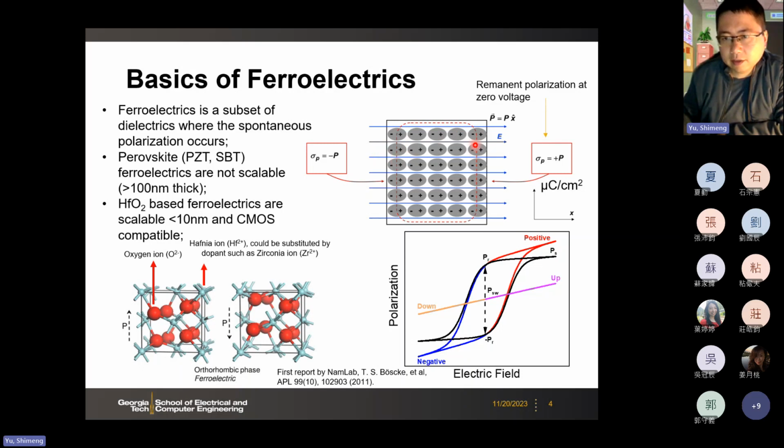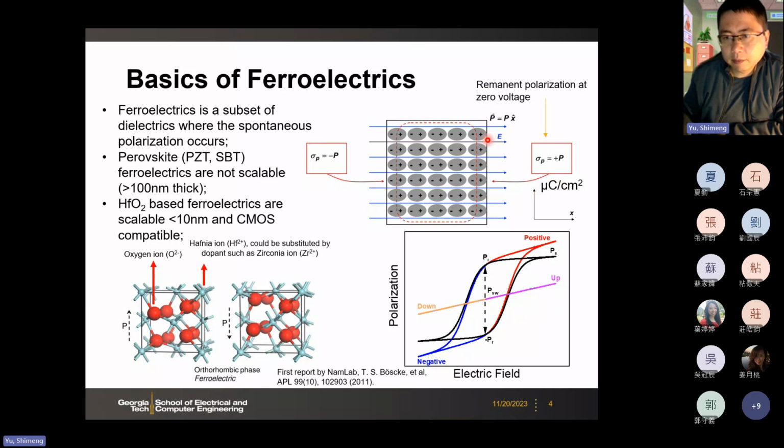Therefore, if you look at the surface of the material, on this side you have the positive charge. On the other side, you have negative charge. So this net charge at the surface is called the polarization. Essentially, this polarization has a unit like microcoulomb per centimeter squared.